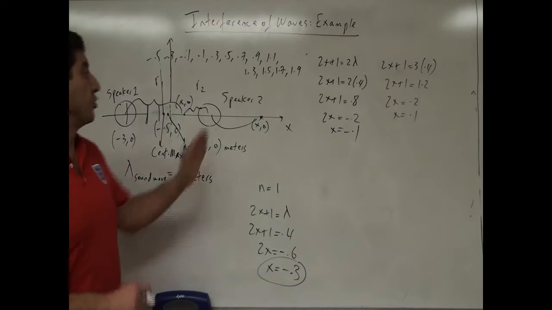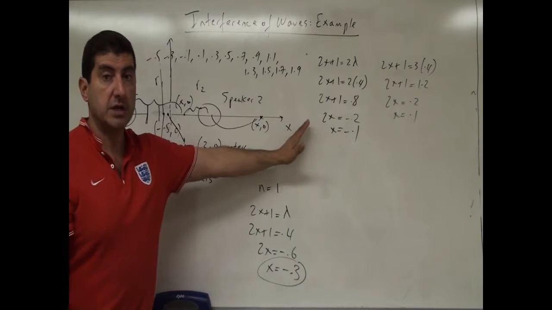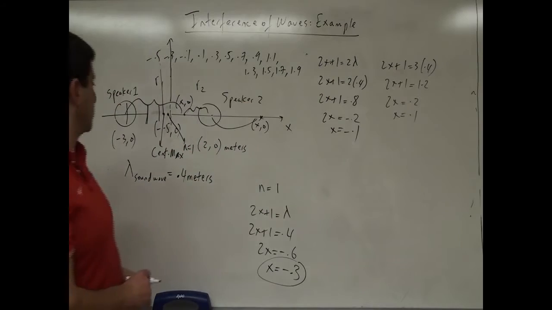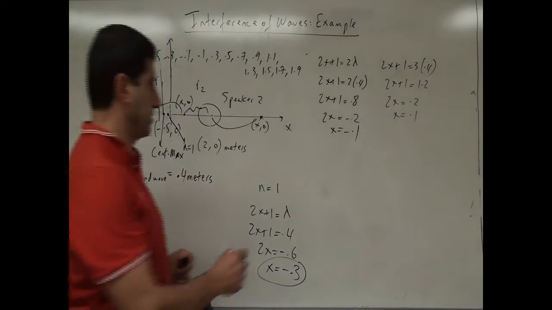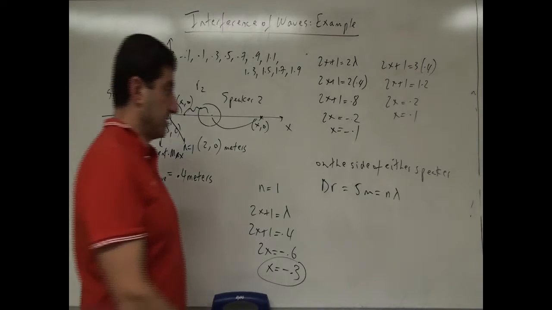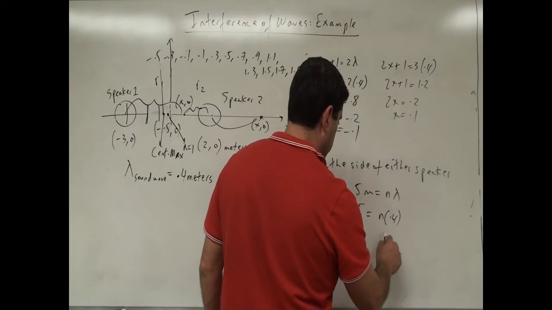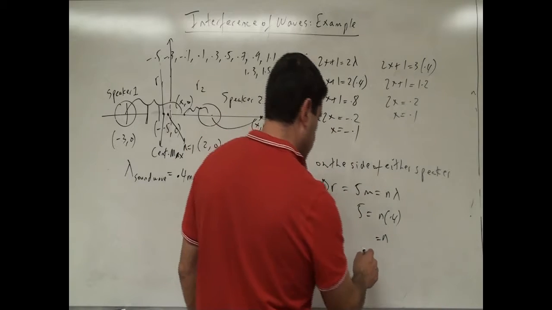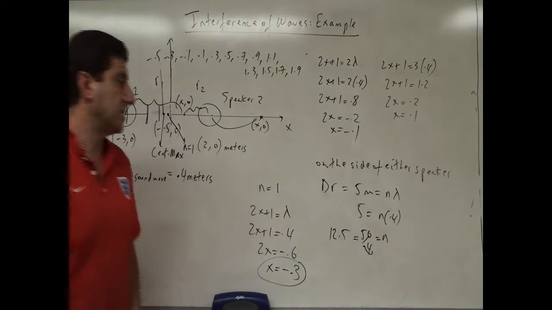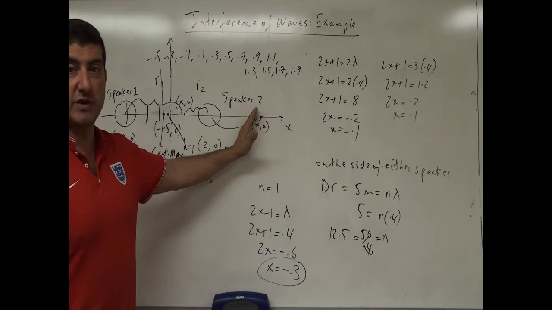In other words, no matter how far I am to the right of speaker 2, the difference in their distances will never change. What is the distance between them? 5 meters, right? Equal to an integer number of wavelengths, right? 5 is equal to n times 0.4. So n is equal to 5 over 0.4. So, in other words, on this side of the speaker, you're not going to get an integer number of wavelengths.